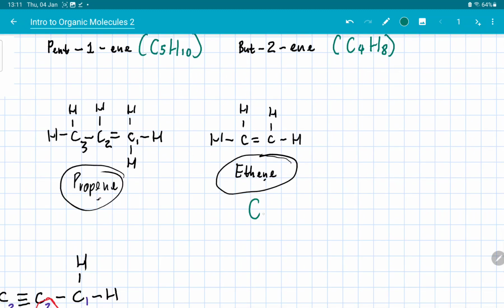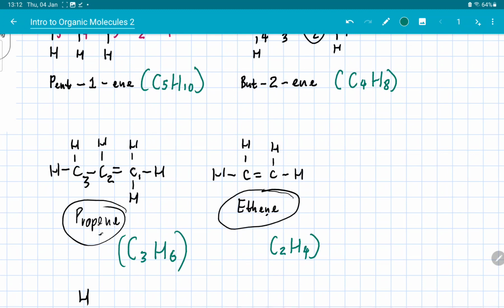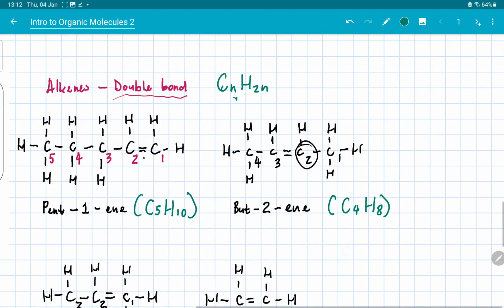Propene is C3H6. It should follow the general formula. Remember, those in brackets are molecular formulas, and this is the general formula.